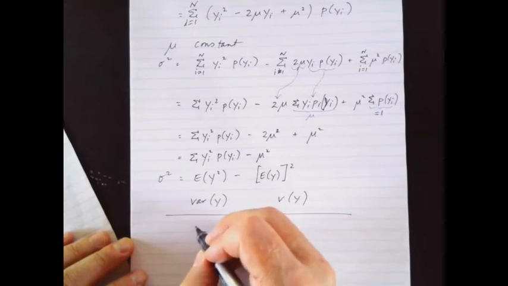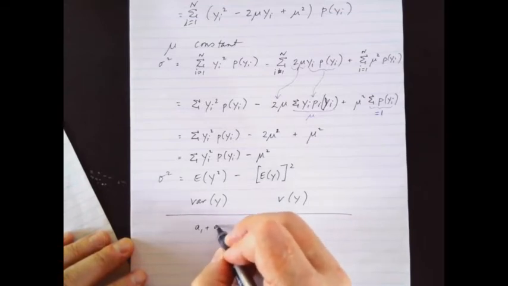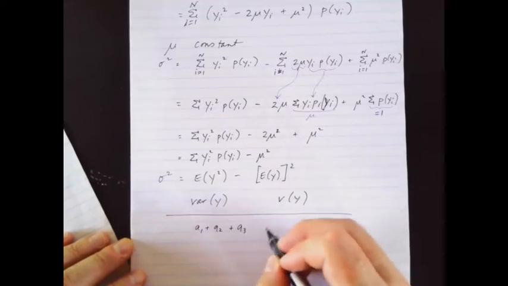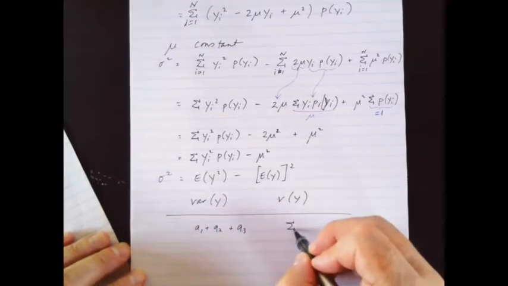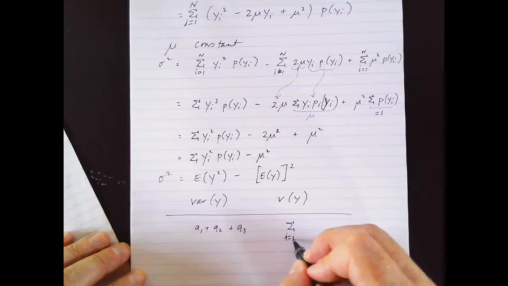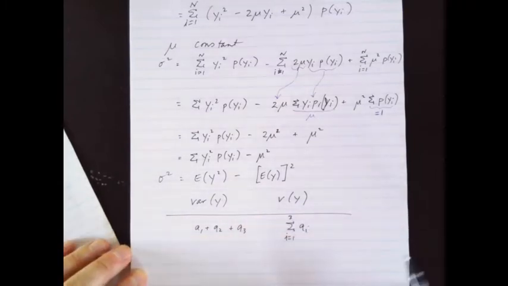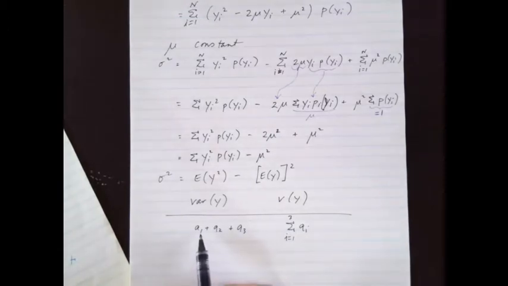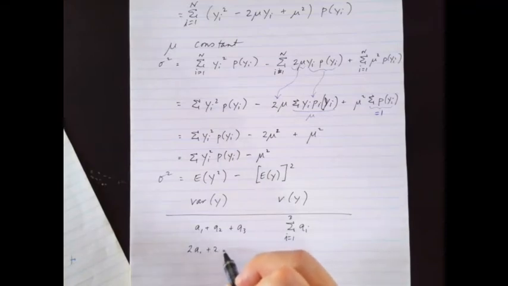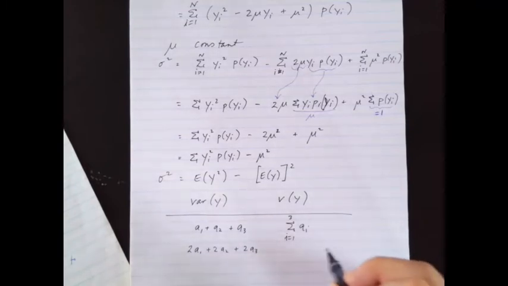So let's just write A1 plus A2 plus A3. We could write that as the summation from i equals 1 to 3 of Ai. Now, if I multiply each of these by 2, 2 times A1 plus 2 times A2 plus 2 times A3, well, that is just the sum of 2 times Ai.